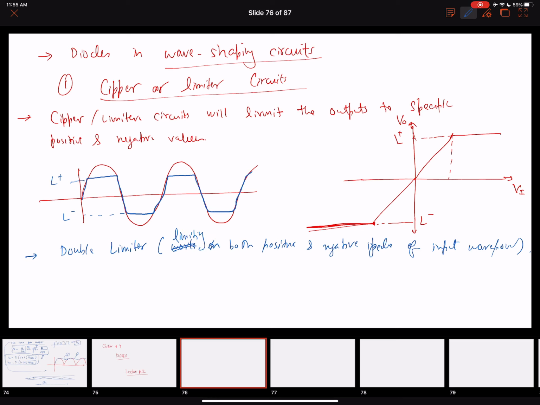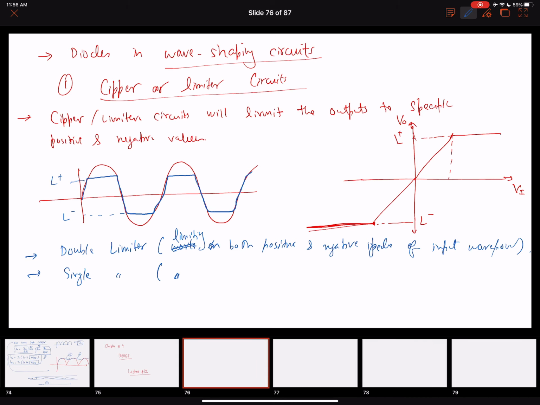If we are limiting both the positive and the negative peaks of the input waveform, it is called a double limiter. Versus we also have single limiters, and I'm going to show you some examples which only limit one, either the positive or negative peak of the input waveform. If you are only limiting either the positive or the negative, then it's called a single limiter. Otherwise it is called a double limiter. And these are also called clipping circuits.